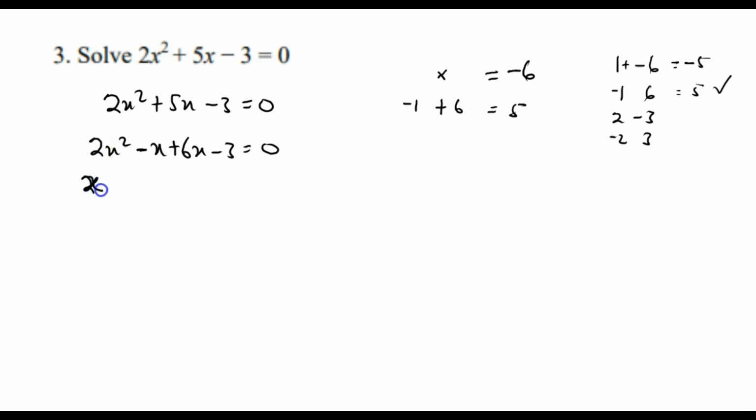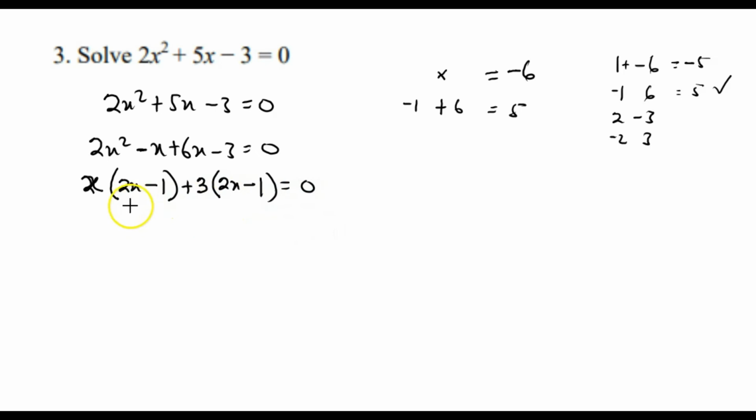we have x out into bracket 2x minus 1, then plus the common factor between 6x and negative 3 is also 3 out into bracket 2x minus 1 equal to 0.